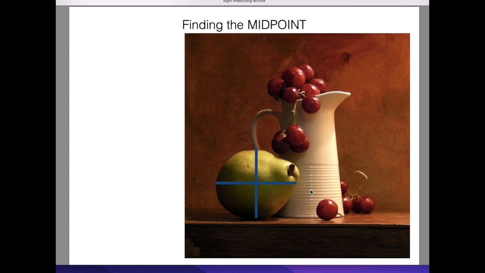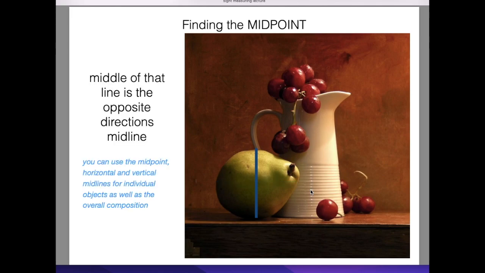And then if you cross that again in the center, you'll find the midpoint of the pear. So you can use the midpoint, horizontal and vertical midlines for individual objects as well as the overall composition. This is just something to help you visualize each half, so it breaks down the object into manageable halves, right? It's helpful.